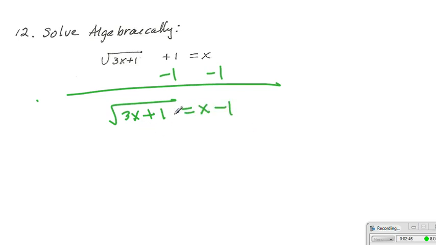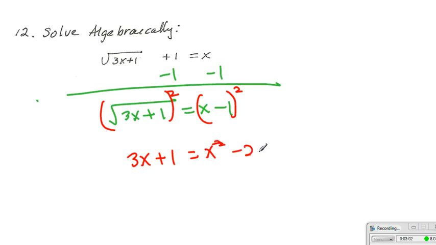Now, when you square both sides, on the left side we get 3x plus 1, and on the right side we get x squared minus 2x plus 1.